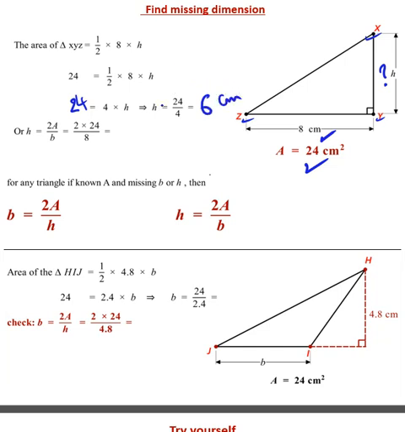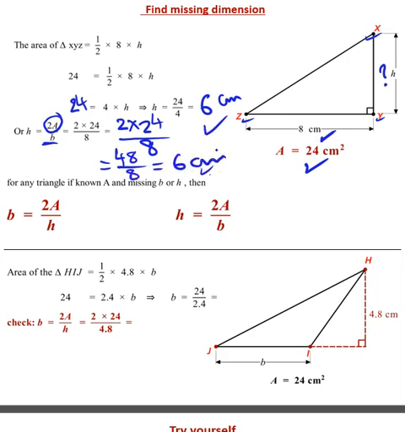By this relation, we calculate the height or the base by dividing the double of the area by the other dimension. Double the area is 2 times 24, over the base 8, which is 48 over 8, which is 6 centimeters.